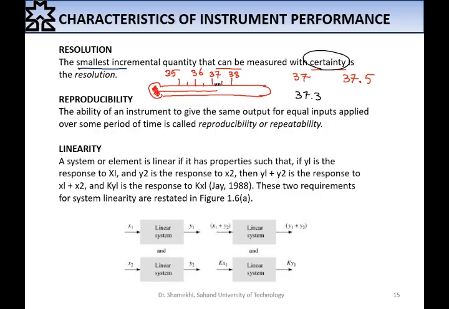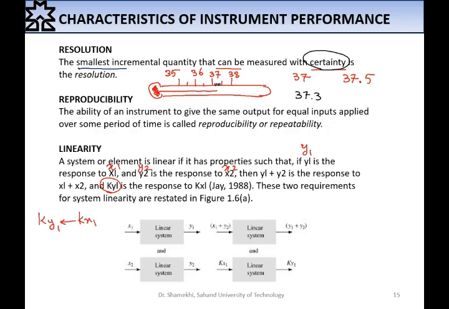Another characteristic is linearity. A system or element is linear if it has properties such that if y1 is the response to x1 and y2 is the response to x2, then y1 plus y2 is the response to x1 plus x2, and if we multiply by a coefficient k, k y1 should be the response to k x1.